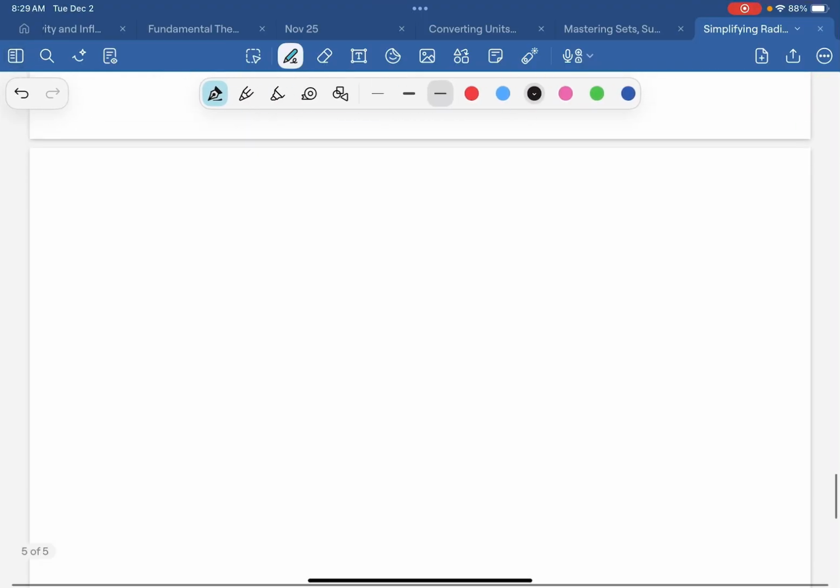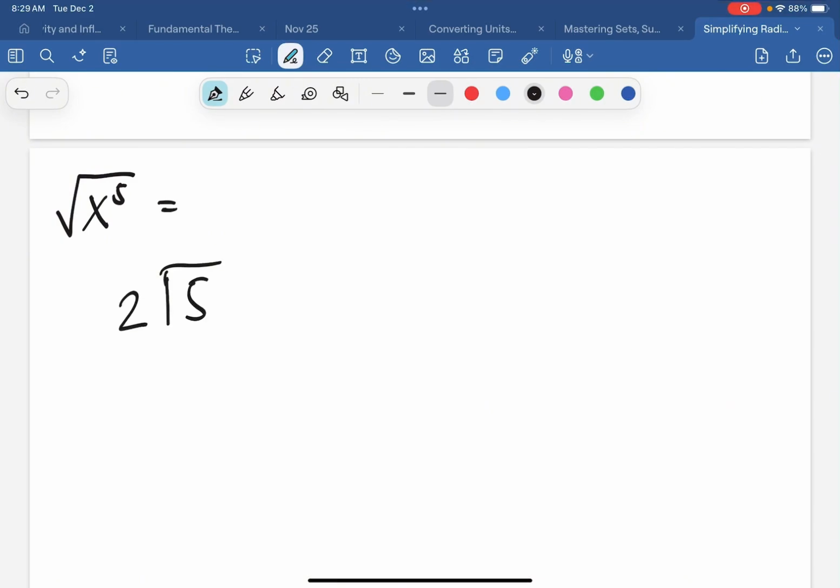Okay, another example regarding variables only before we proceed to the 7th example. Now, let's try the square root of x raised to 5. When you divide 5 by 2, the quotient is 2, then 4, 5 minus 4 is 1. Again, this whole number, or the quotient, will serve as your exponent outside the radical symbol, the extracted root of a variable.